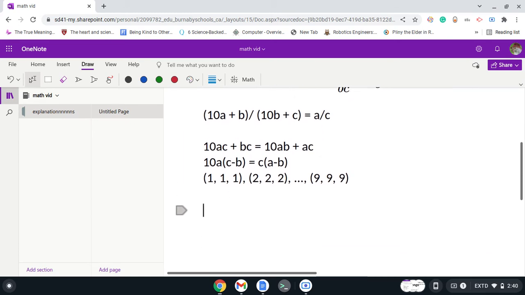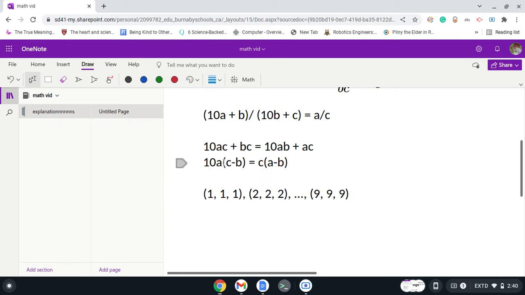So now the second case is if both the left-hand side and the right-hand side are not equal to 0, the right-hand side also must contain a factor of 10.